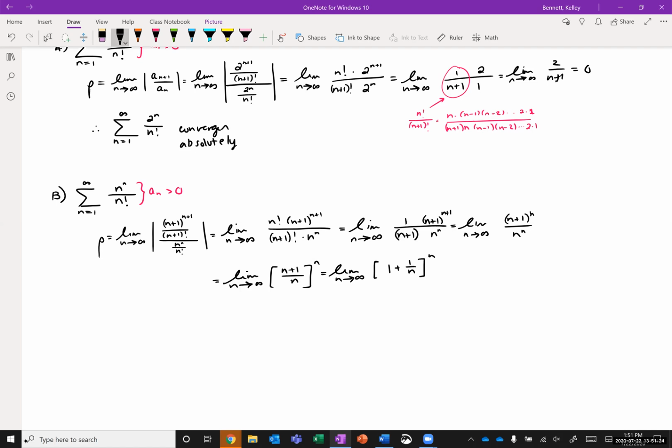So to evaluate this limit, you're going to let L equal the limit as n goes to infinity of (1 plus 1 over n) to the n. Then you can take the log of both sides, and the log of the limit is the limit of the log, provided everything's continuous and stuff exists.